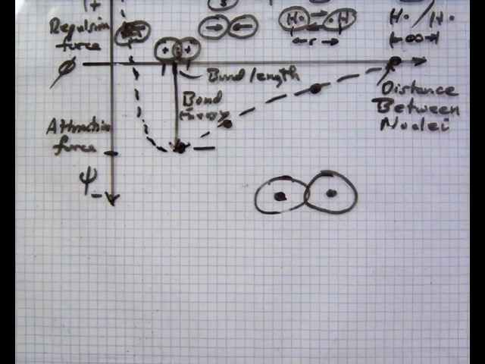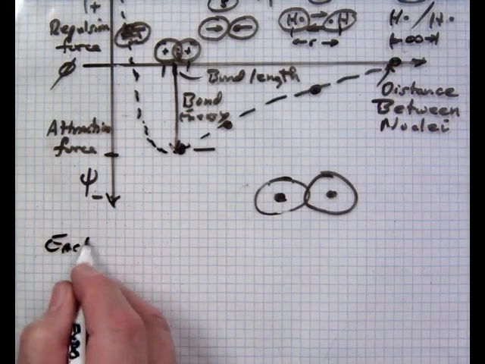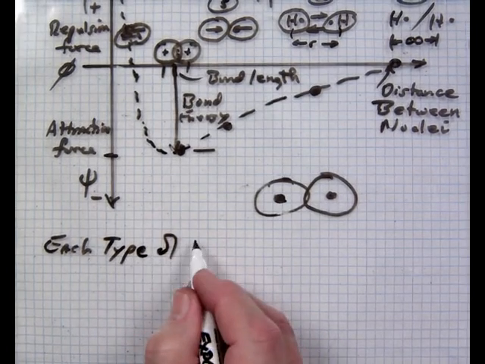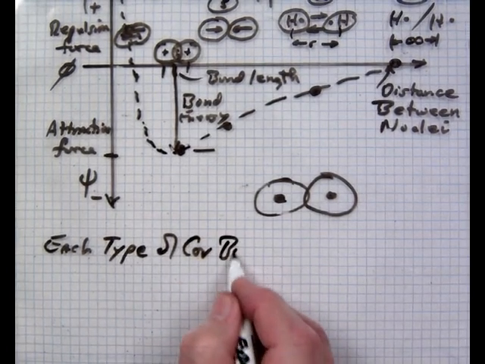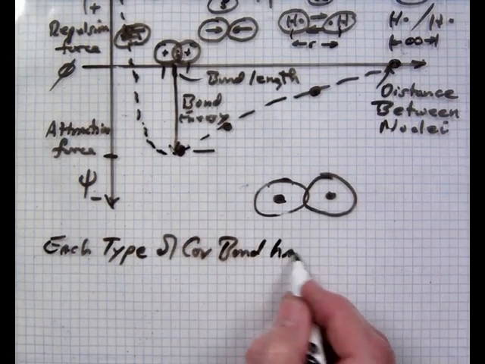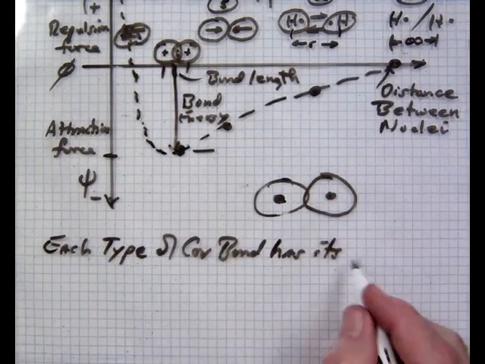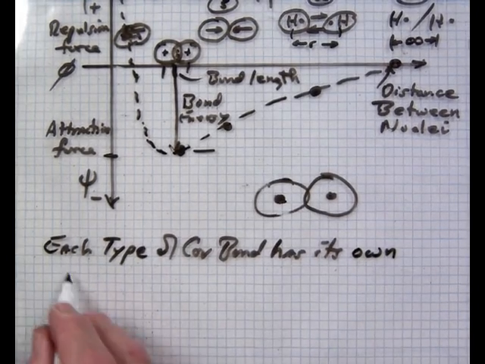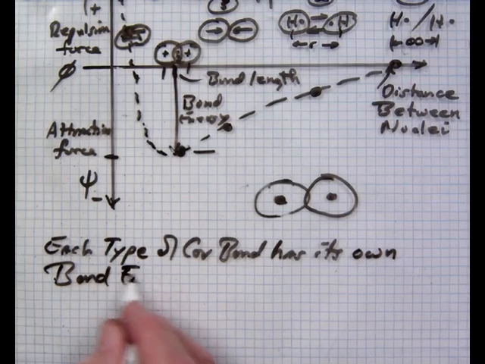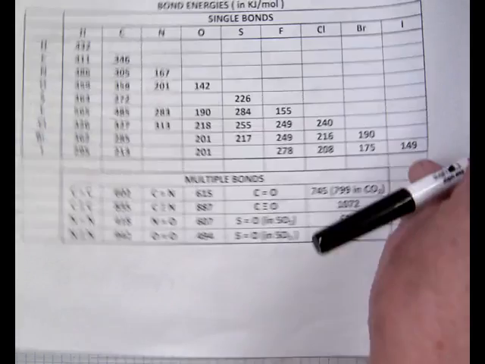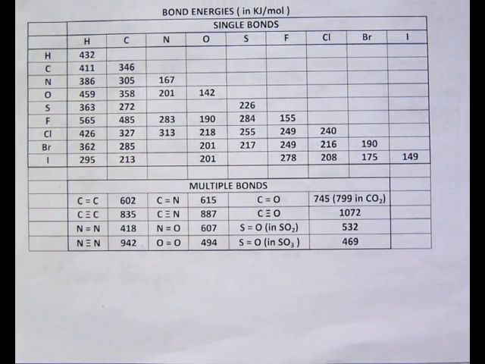Each type of covalent bond has its own bond energy. We have seen this in this table.